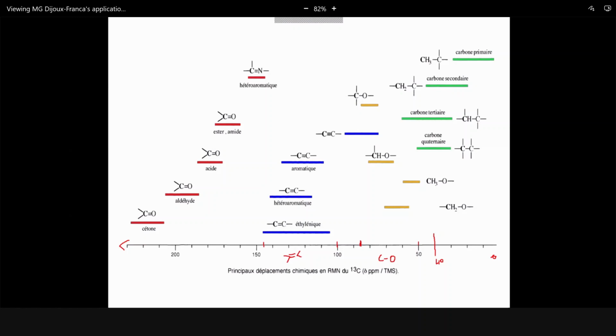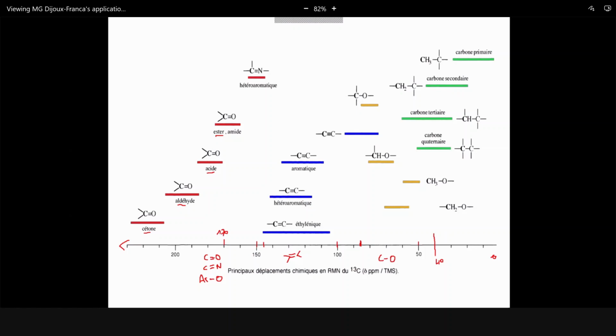And over 150, we will find carbon bearing a heteroatom like that, or in an aromatic ring also, aromatic bearing oxygen and so on. And then some special chemical groups like ester, as we saw before, carboxylic acid, aldehyde group, ketones, we are over 170.